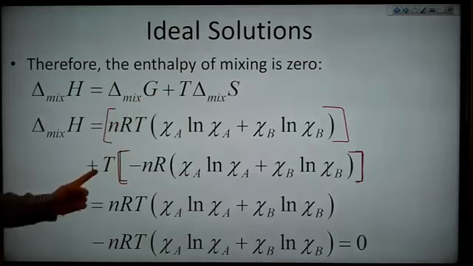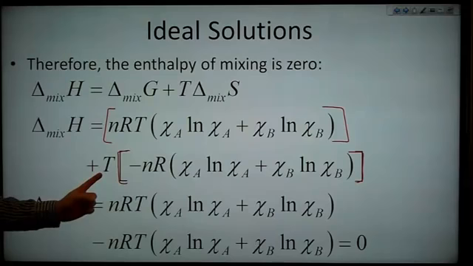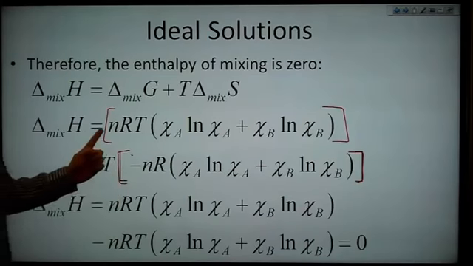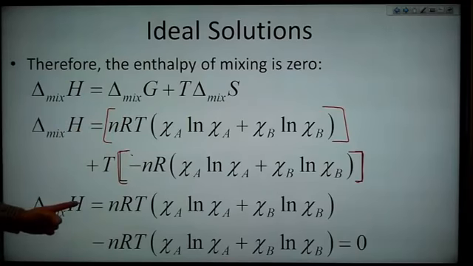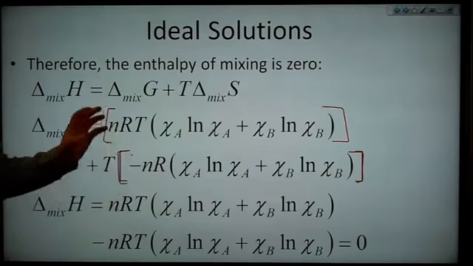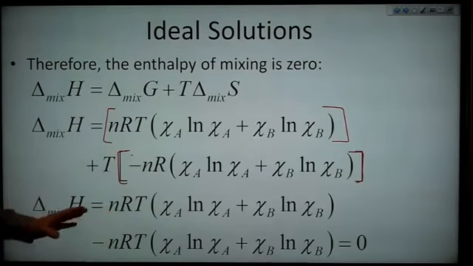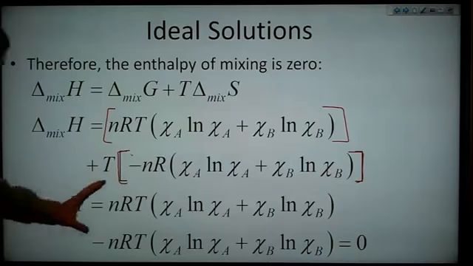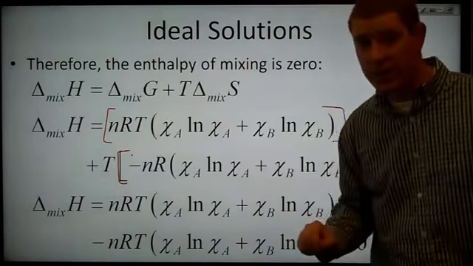And then we still need to multiply by T. So now everything in the brackets here times T is just the negative of all the stuff in the red brackets on top. So now we have nRT times our chi A natural log of chi A plus chi B times natural log of chi B minus that same quantity, and so it all goes away and we're left with 0. So for an ideal solution, the enthalpy of mixing is 0.